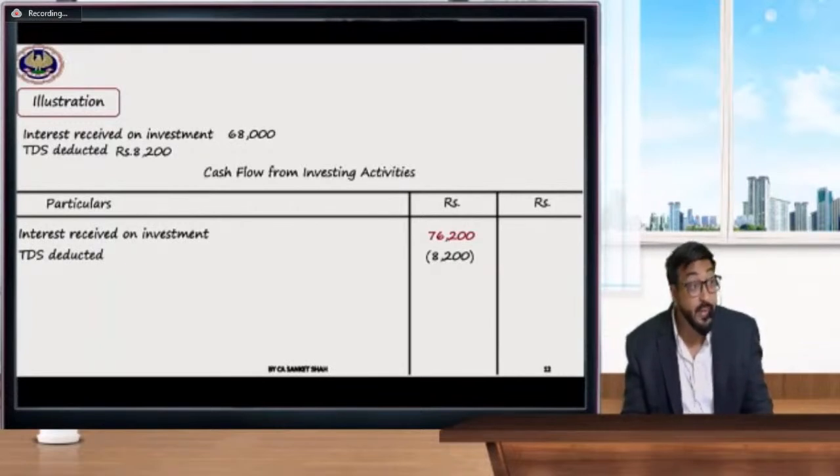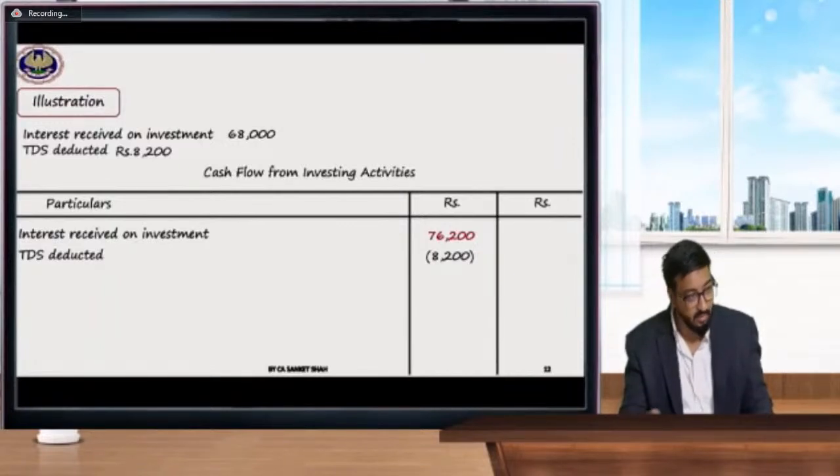So I have to deduct TDS. You have to show it separately, gross and TDS. So how are you going to show it? Interest only 68,000 or 76,200? And from that you are going to deduct TDS. Now you got this? Yes.